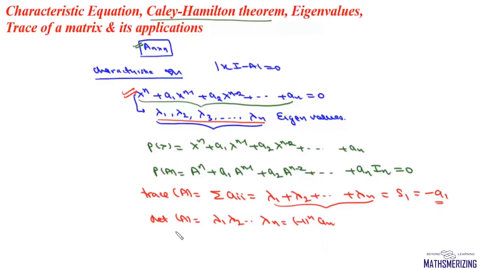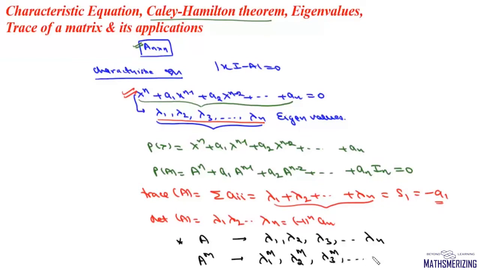And here two more results come in handy. If matrix A has eigenvalues lambda 1, lambda 2, lambda 3 and lambda n, then the eigenvalues of A to the power m will be lambda 1 to the power m, lambda 2 to the power m, lambda 3 to the power m and lambda n to the power m.